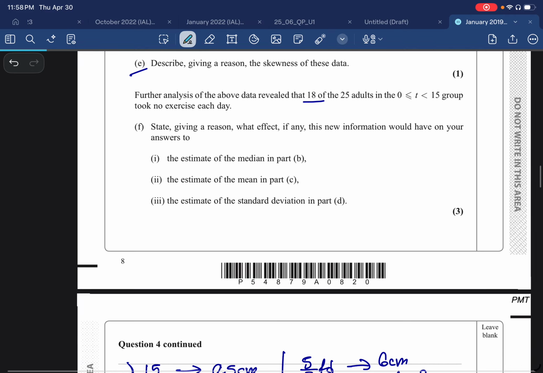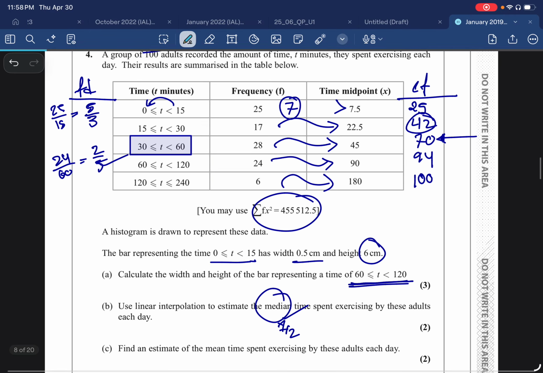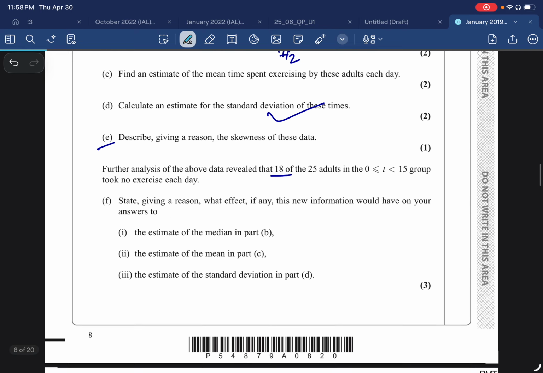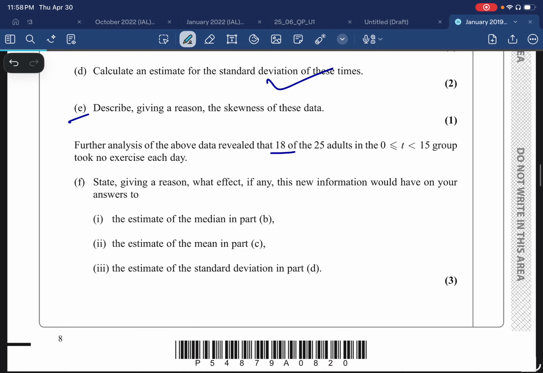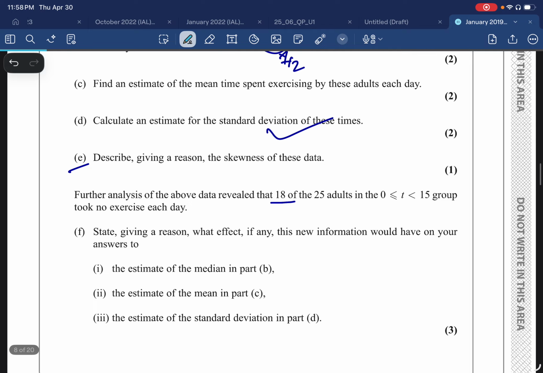Now, the median won't change because the changes that happen are below the median. Had it happened above the median, then the median would have changed. So that's not going to change. Will the mean change?